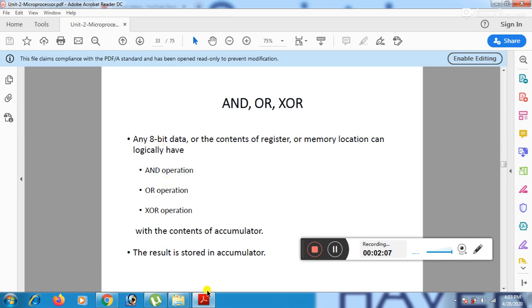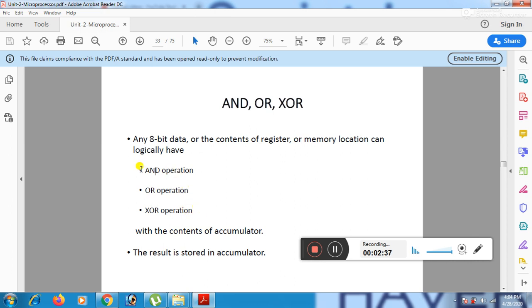So with the contents of accumulator, the contents of accumulator and 8-bit data, or the contents of accumulator and register, or the contents of accumulator and memory location can be ANDed, or we can do OR operation, and also we can do XOR operations.